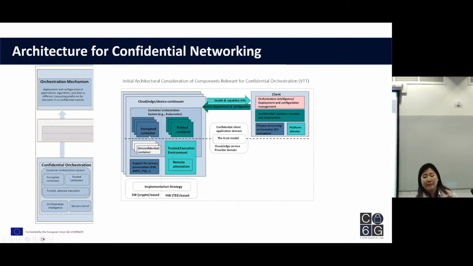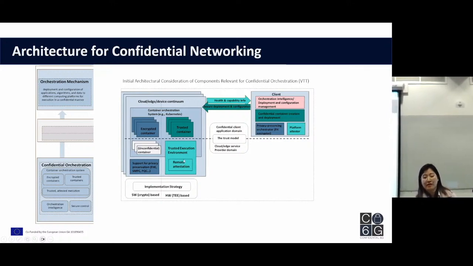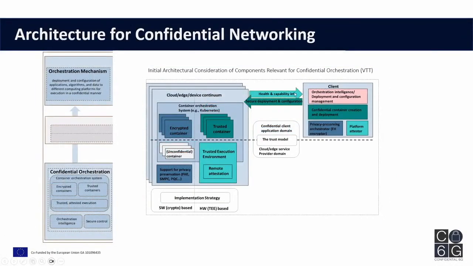One is called the encrypted container, which is implemented based on existing privacy solutions like homomorphic encryption, secure multi-party computation, and post-quantum techniques. Another is trusted containers, which directly deploy a trusted execution environment that allows remote attestation to cooperate between different clients.